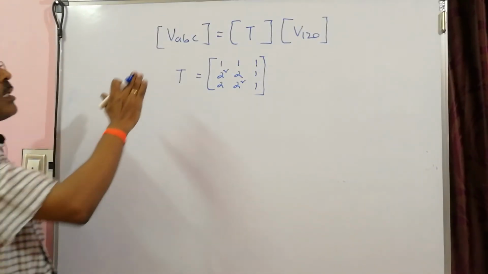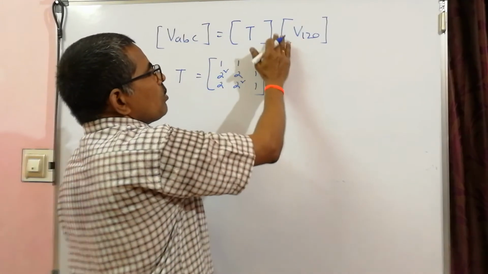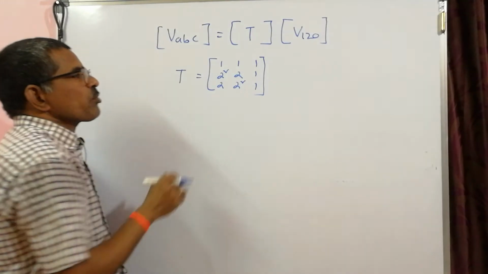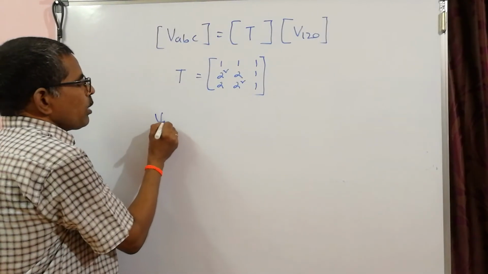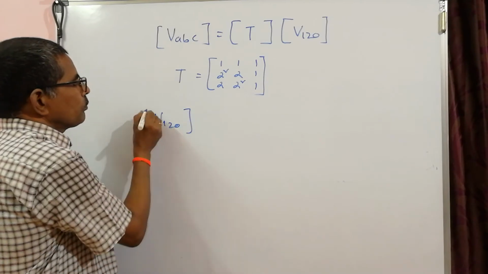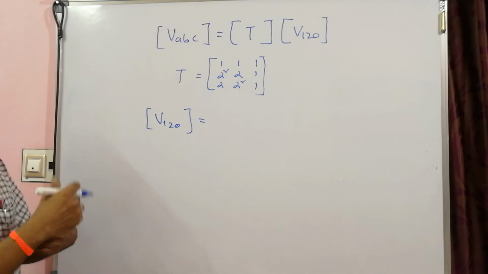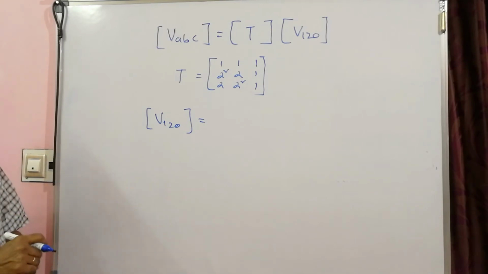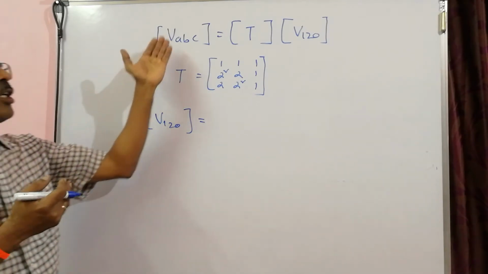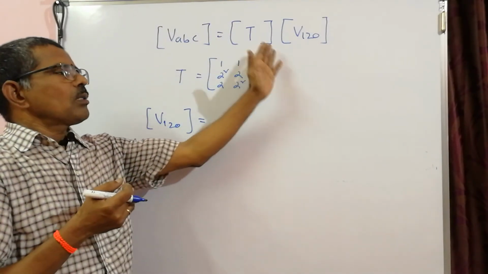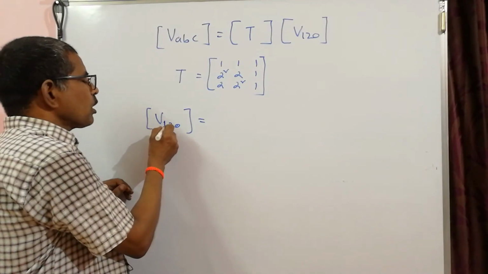That means the unbalanced system can be resolved into the symmetrical components using transformation matrix. Suppose V1 to 0 is required. So sometimes you might be given the other way. Okay. If unbalanced phasors are given, you are resolving that into sequence components. Suppose if sequence components are given, how to resolve this?